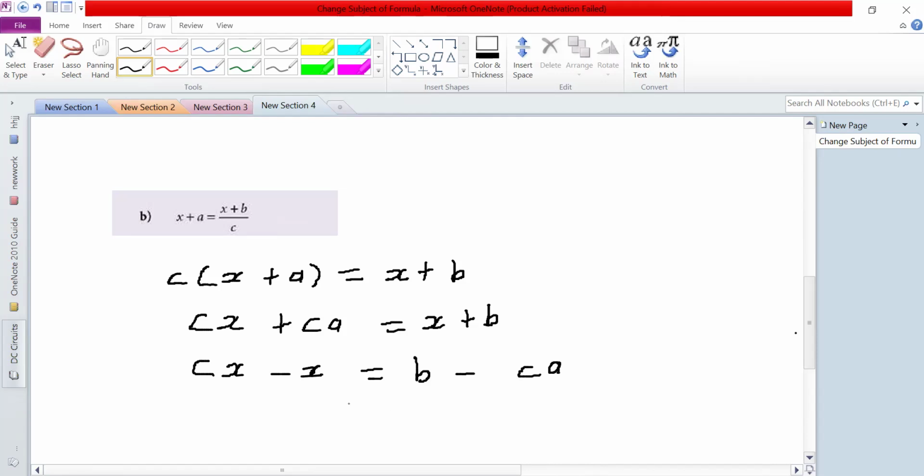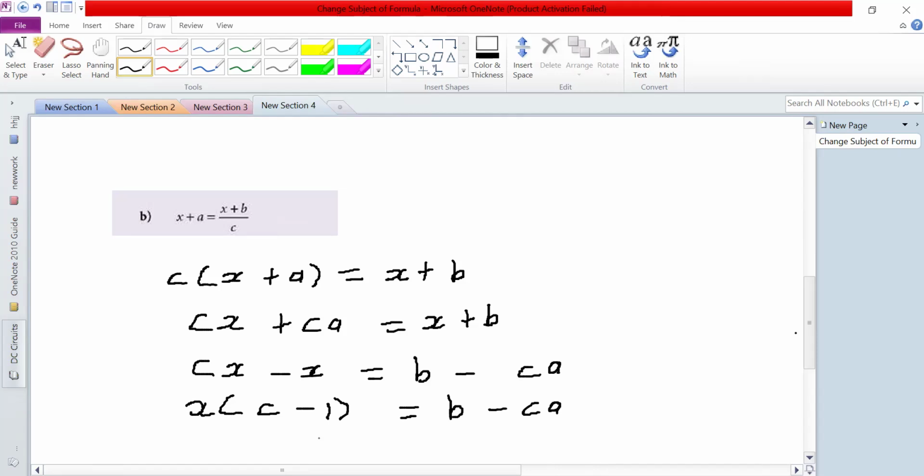Then the next step that we do, we factor out x. If we factor out x, we're going to be left with x times c minus 1. Then this side will remain as b minus ca.